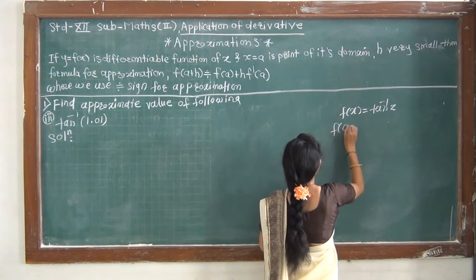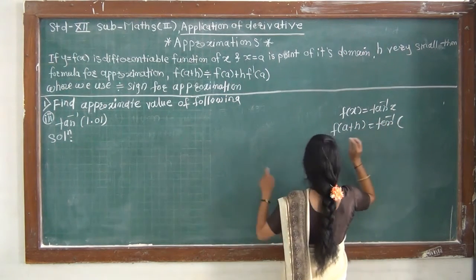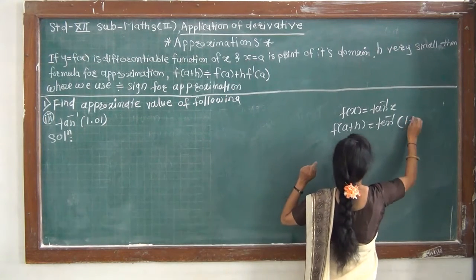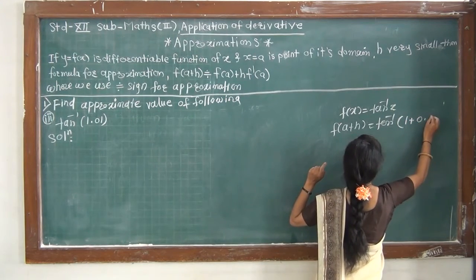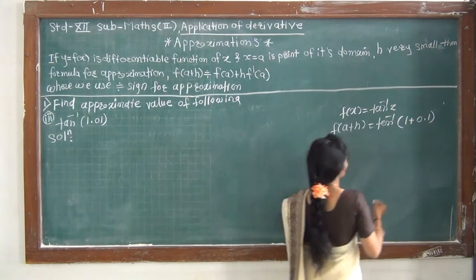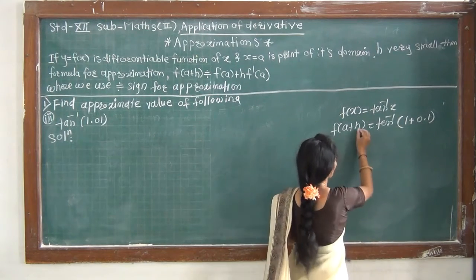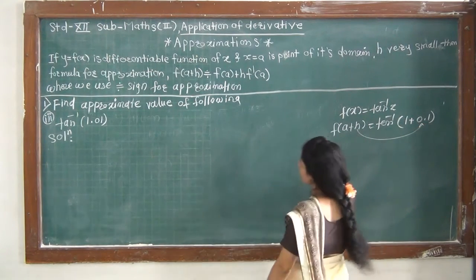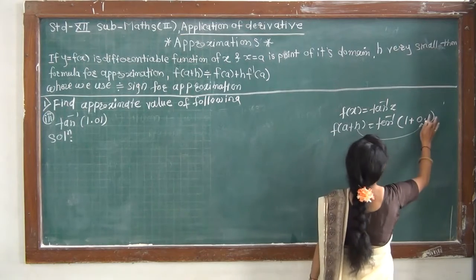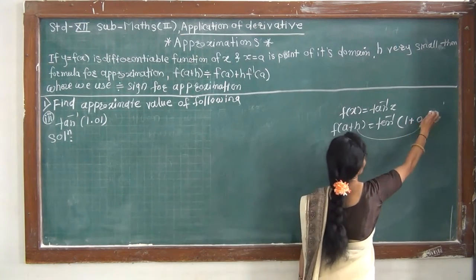So what is the value of a plus h? It should be tan inverse of, where the value of a is nothing but 1 and the value of h is nothing but 0.01, where h is very small. So we are assuming the value of h is nothing but 0.01.